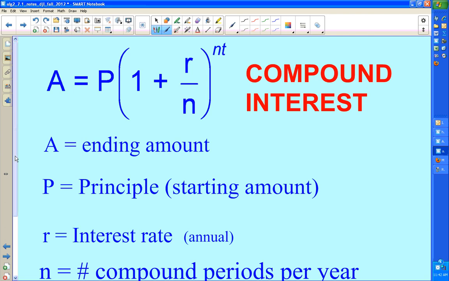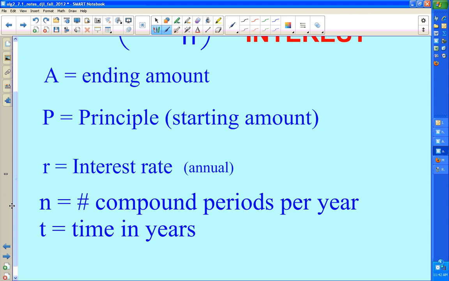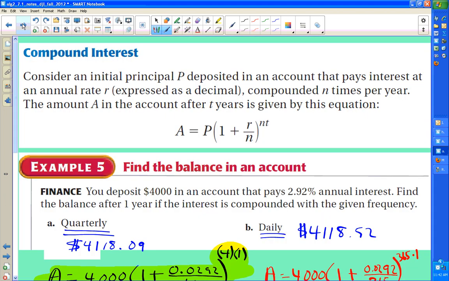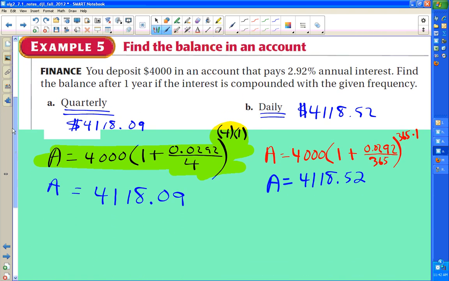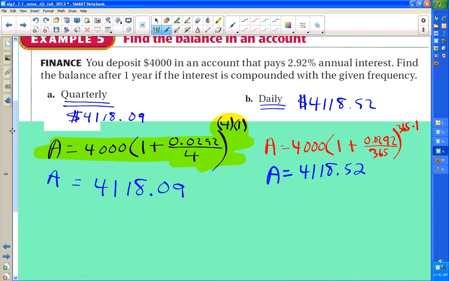Okay? Everyone get that? N is compounding periods per year, and T is time in years. So here's one that's done out both quarterly and daily for you. They are identical, except for the number of growth periods in a year.